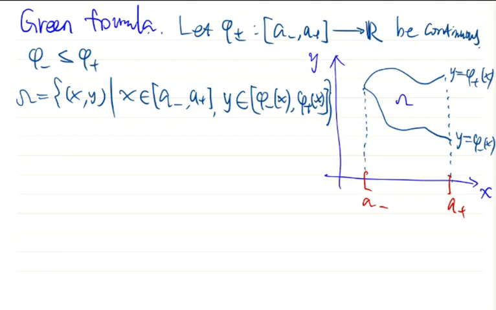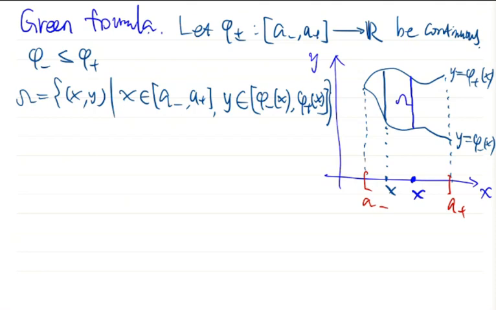For given x in the interval, the y can be chosen between these. Given another x, you have another y. The range of y is here. So this indicates that our omega is such a domain.